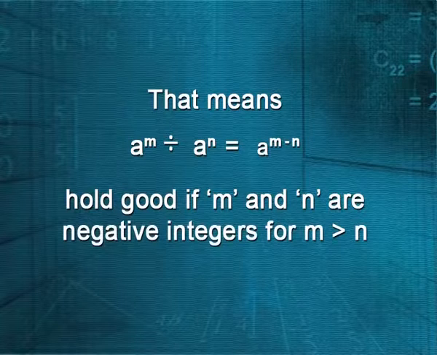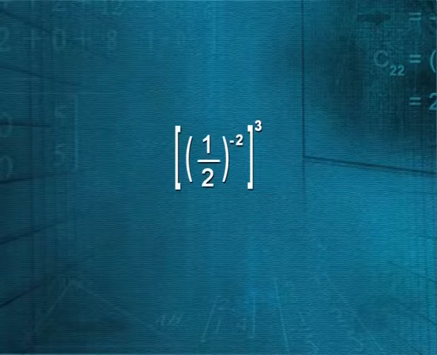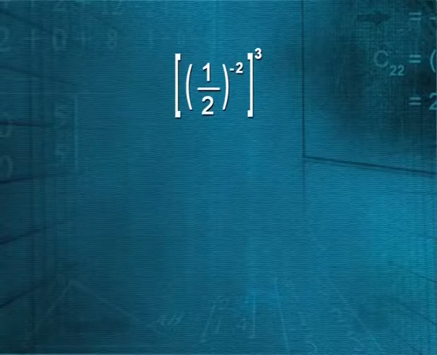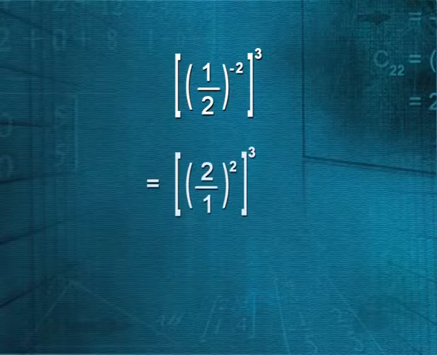Let us evaluate 1 by 2 raised to the power minus 2 whole to the power 3. This example will give us the third law of exponent for n to be a negative integer. Now, 1 by 2 raised to the power minus 2 can be written as 2 by 1 whole to the power 2 and this is whole to the power 3.